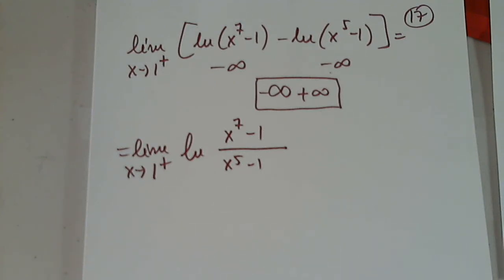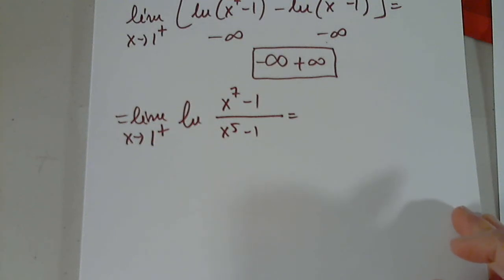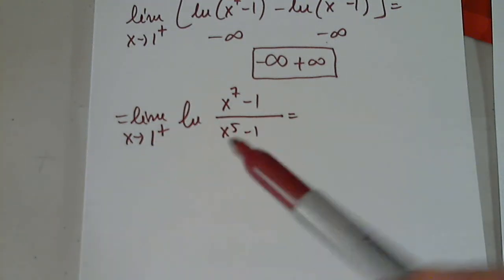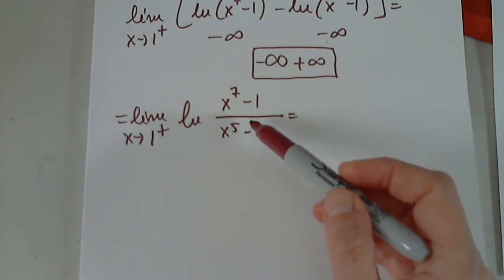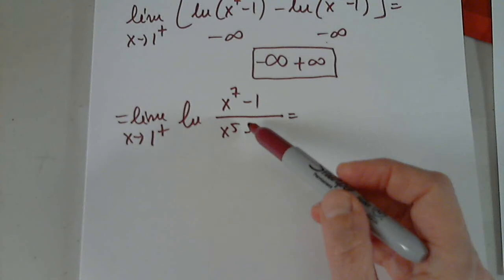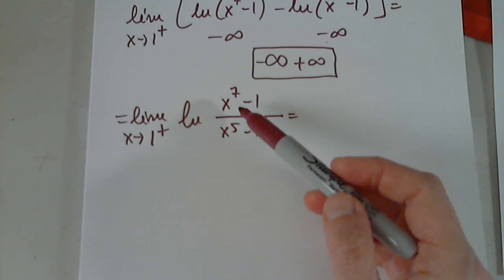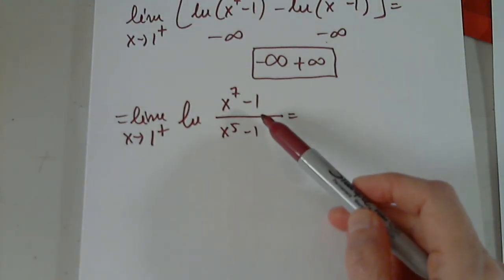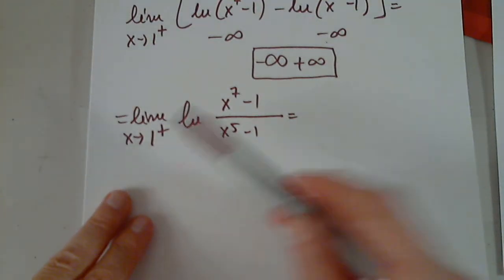Perfect. So now, when I determine the limit inside, what do I get when x approaches 1 from the right?